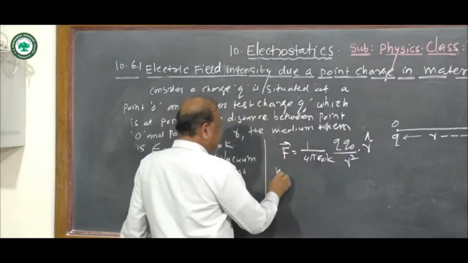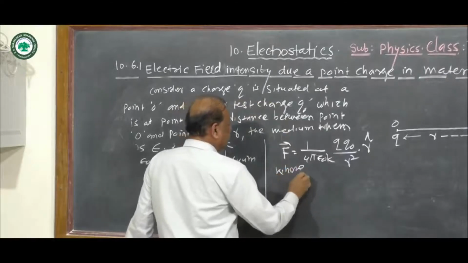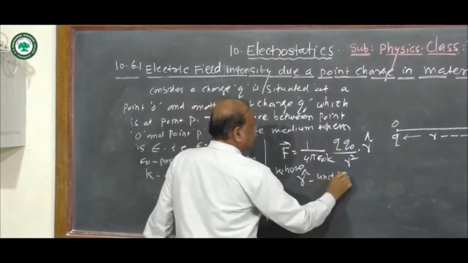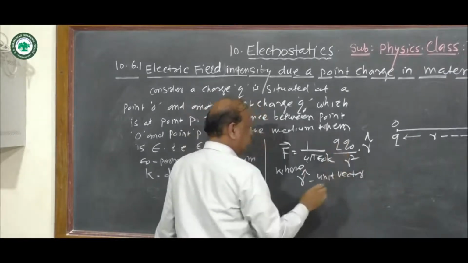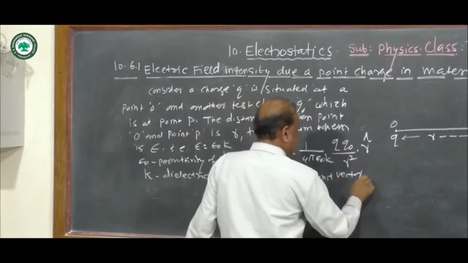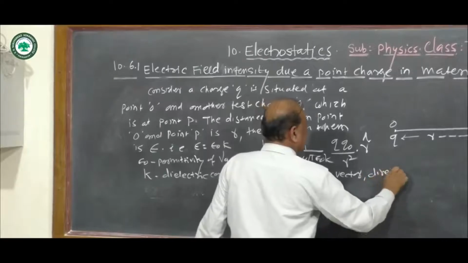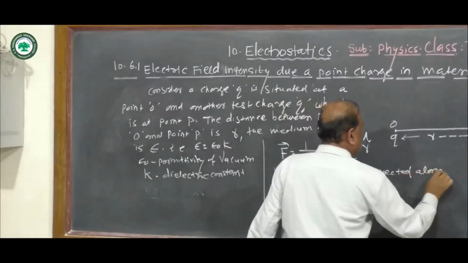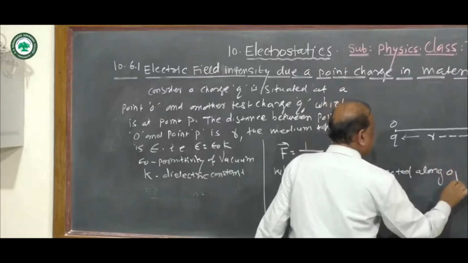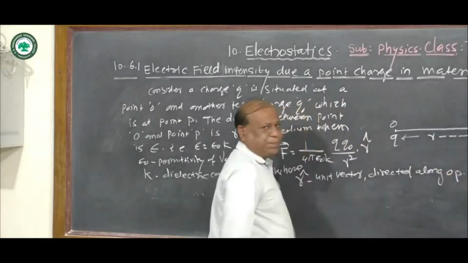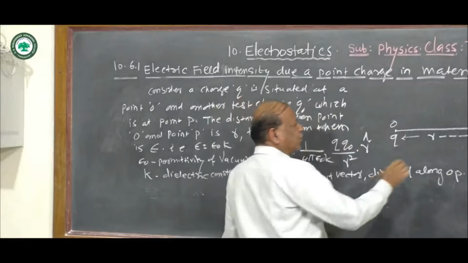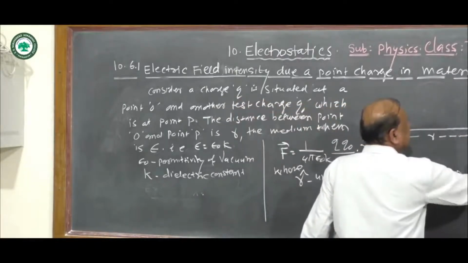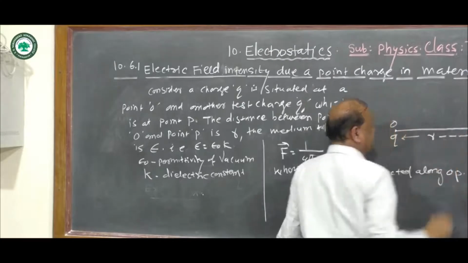Now here this R cap is the unit vector directed along OP, and now we have to find here the electric field E at this point P.